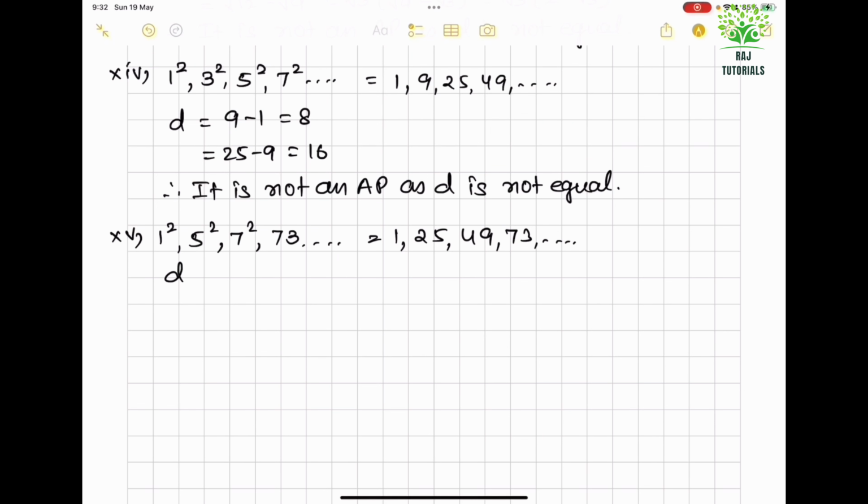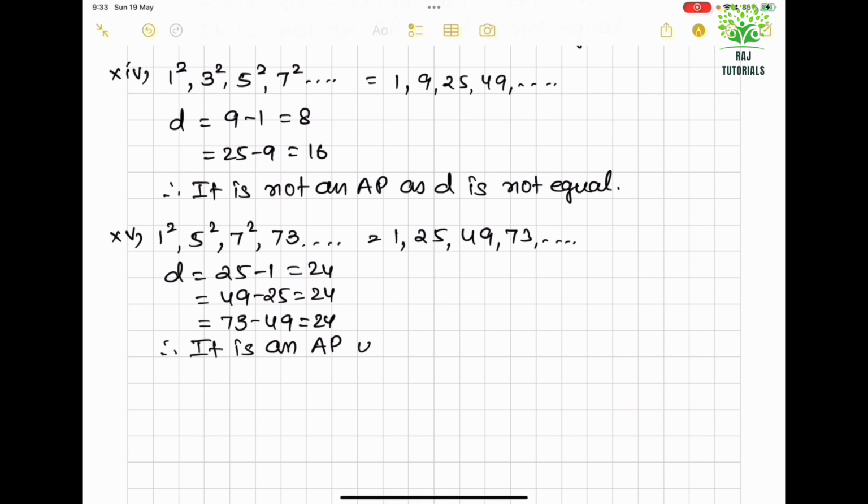See, d will be 25 minus 1, that is 24. 49 minus 25, that also is 24. 73 minus 49 is 24. Therefore, it is an AP with d equal to 24.